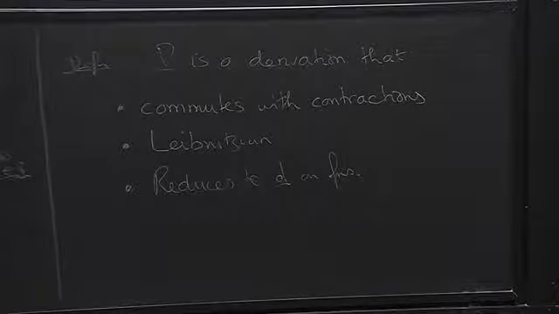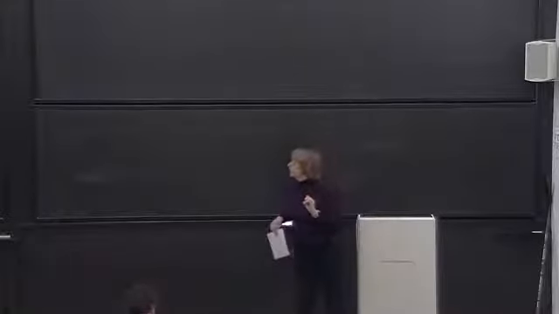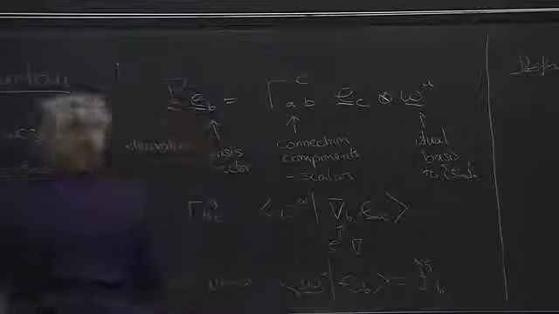It has to commute with... Yes, David? Something wrong with your indices in the definition of the connection. The first equation, you have three. Oh, yeah, I've got three B's. It should be an omega A, shouldn't it? Yeah. So thanks.